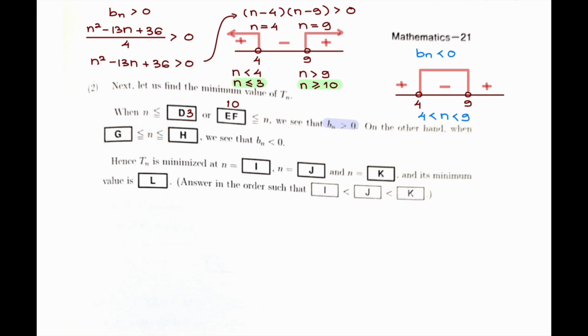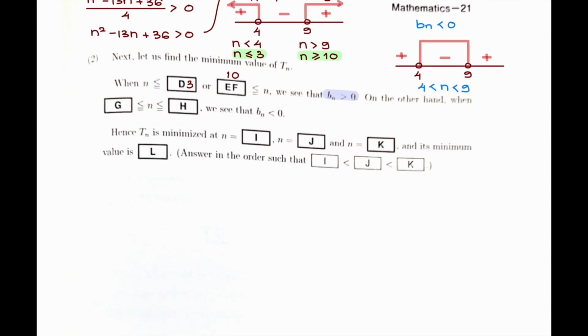So instead of 4 and 9, my final answer for G and H is 5 less than or equal to n less than or equal to 8. So G and H here is 5 and 8.